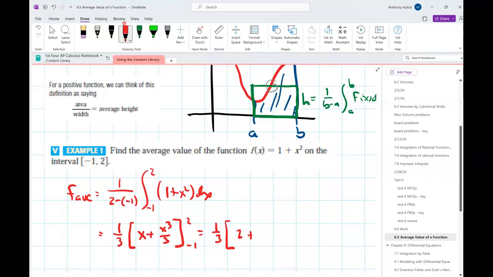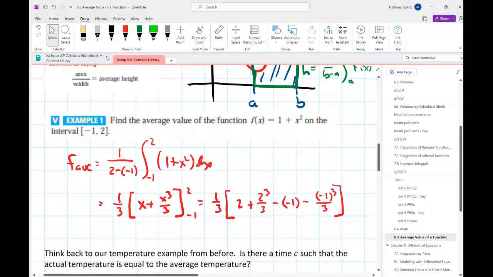I have 2 plus 2 cubed over 3 minus -1 minus -1 cubed over 3. So far, so good.